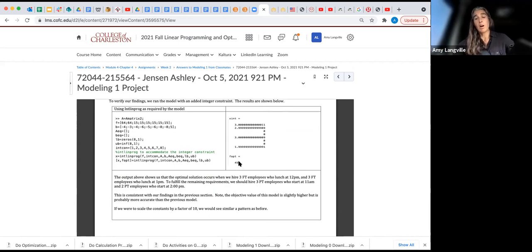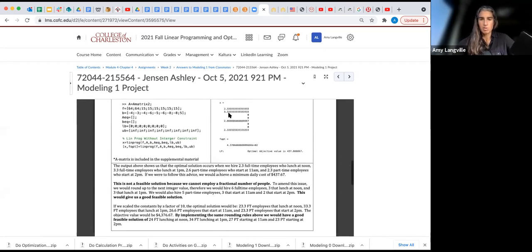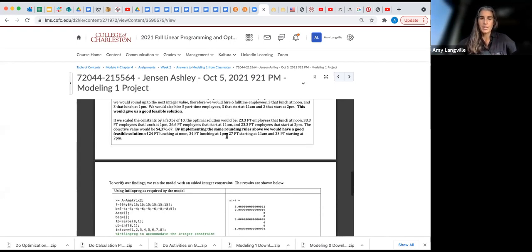We're trying to minimize, so higher than the one that we got with the fractional, but fractional doesn't really make sense in the context of the problem because these are such small numbers. I think on modeling 0 was a similar question. Could you round? Could you do the linprog and approximate it? Because the numbers were much, much higher, maybe orders of magnitude higher, right? So that's usually acceptable when they're so large. When they're so small, it's not a good thing.